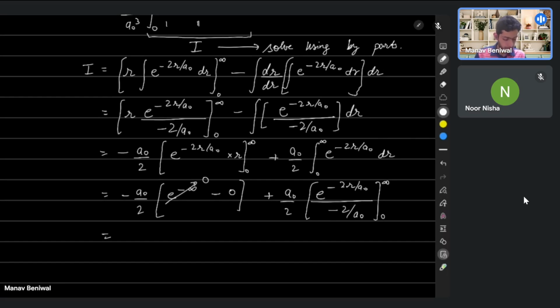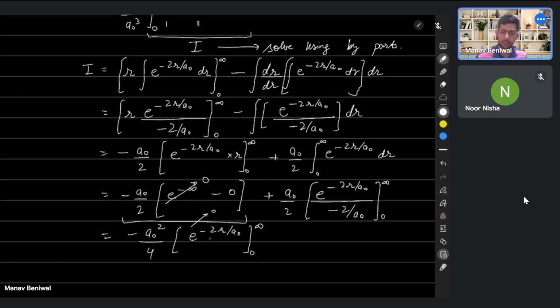Now this term has vanished to 0, and we are only left with the other term, so we can rewrite this as minus a naught squared by 4 e to the minus 2r by a naught, 0 and infinity.